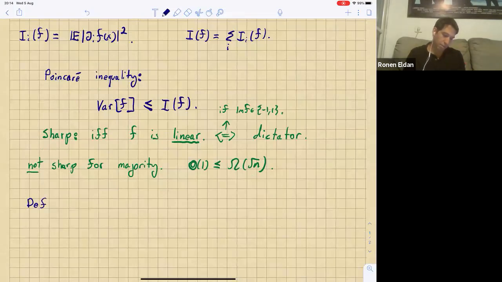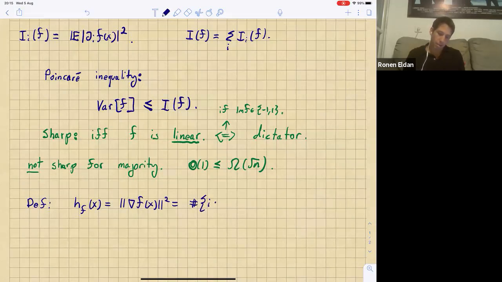We define the local sensitivity of the function f at x to be the norm squared of the gradient of f at x, which is just equal to the number of coordinates i such that f at x is not equal to f at x with the ith coordinate toggled.